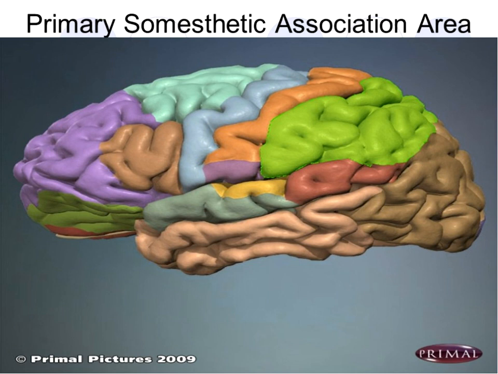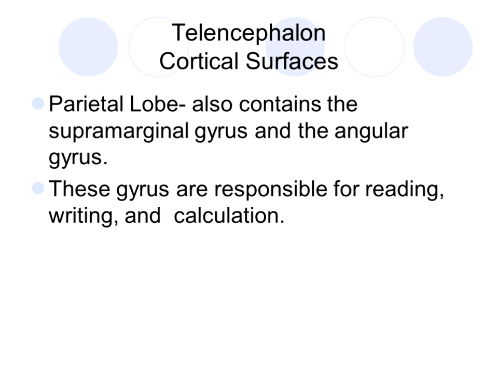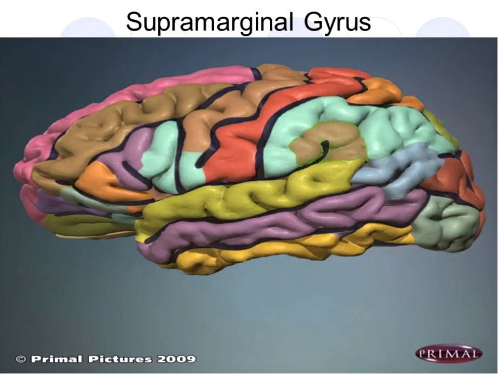So, the primary association areas here in green. And then we also have the supramarginal gyrus and the angular gyrus, and those gyri are important for reading, writing, and calculating. So, let's look at them.